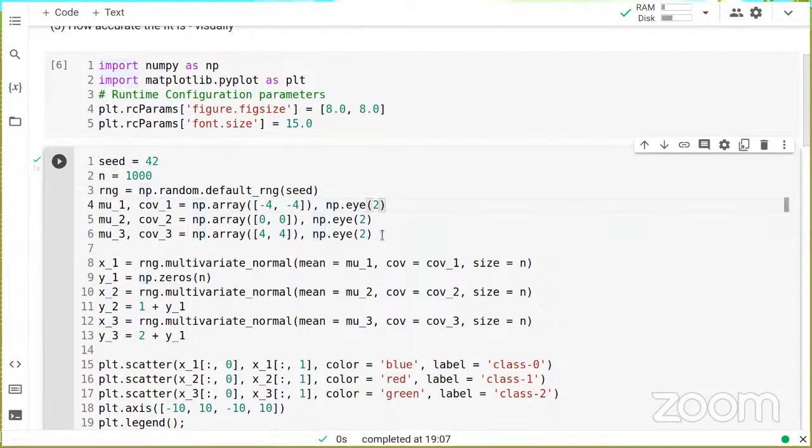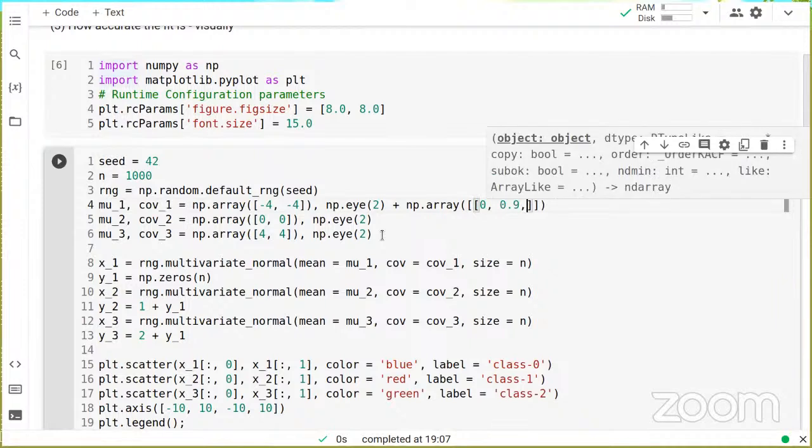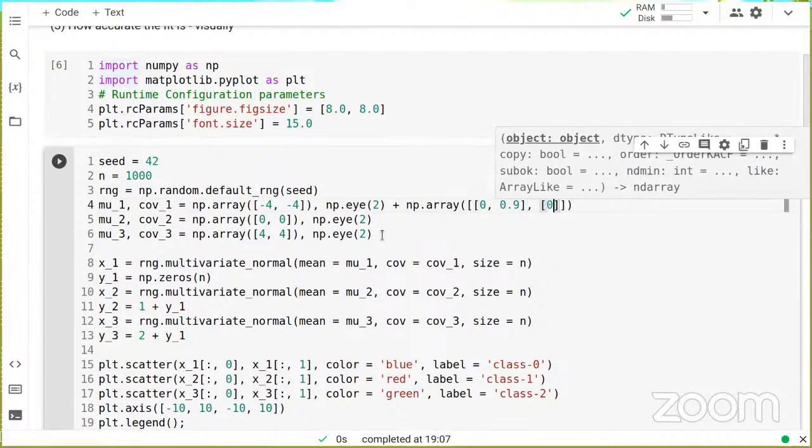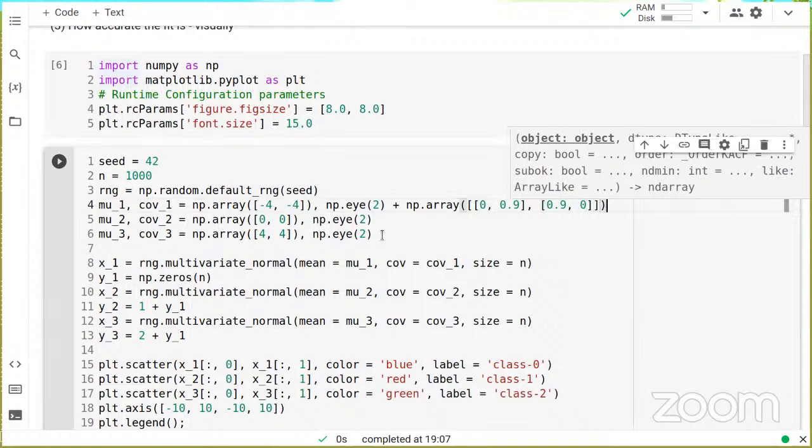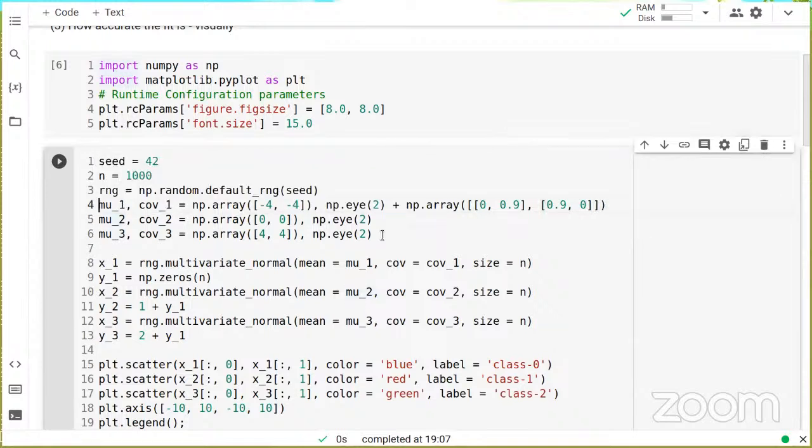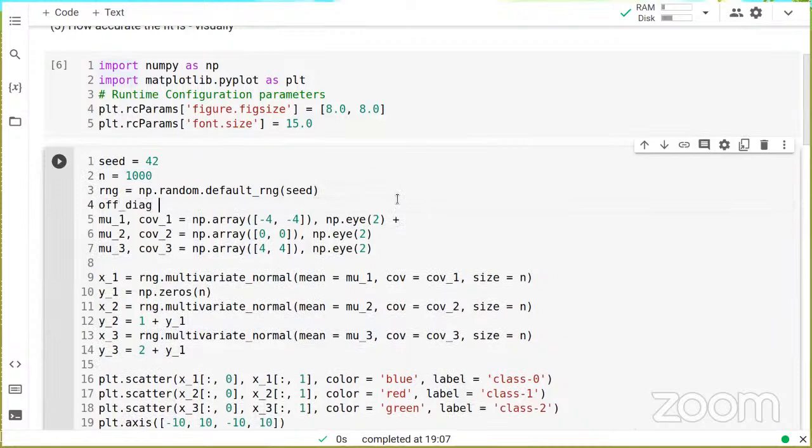So let me add something like this. I am adding some off-diagonal elements, right? I'm making it 0.9, 0.9. So let me call this off-diag matrix, so that I can customize this also later.